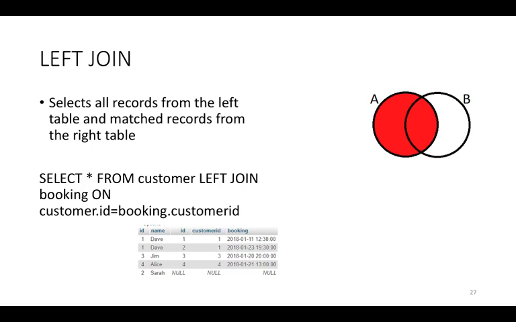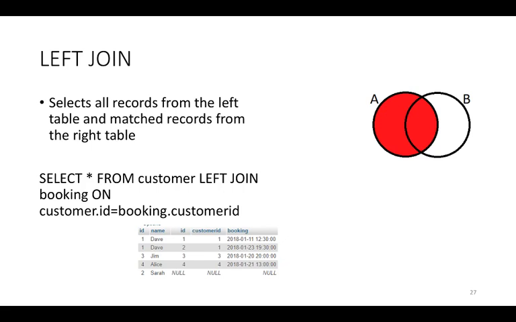So the first thing is that there's going to be a row for every match between the two. So I have 2 bookings under Dave. So here's the first booking and the second booking for me. Jim has a booking. So there's Jim's 1 booking. Alice has a booking. That's her booking. But Sarah, customer ID 2, doesn't have any bookings. But I have said left join and customer is on the left.